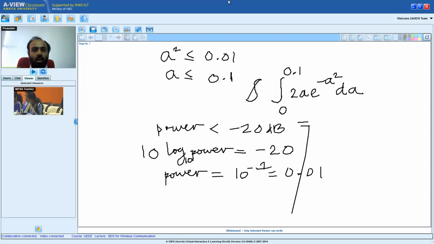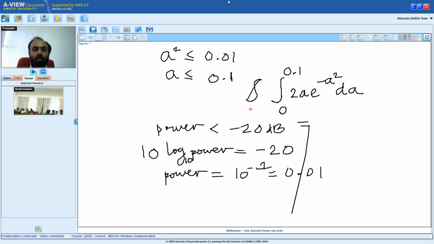Can someone prompt me the answer? TKM Kerala, can you prompt me the answer? TKM, what is the answer? Sir, we don't get the answer. 2a e to the power of minus a square.